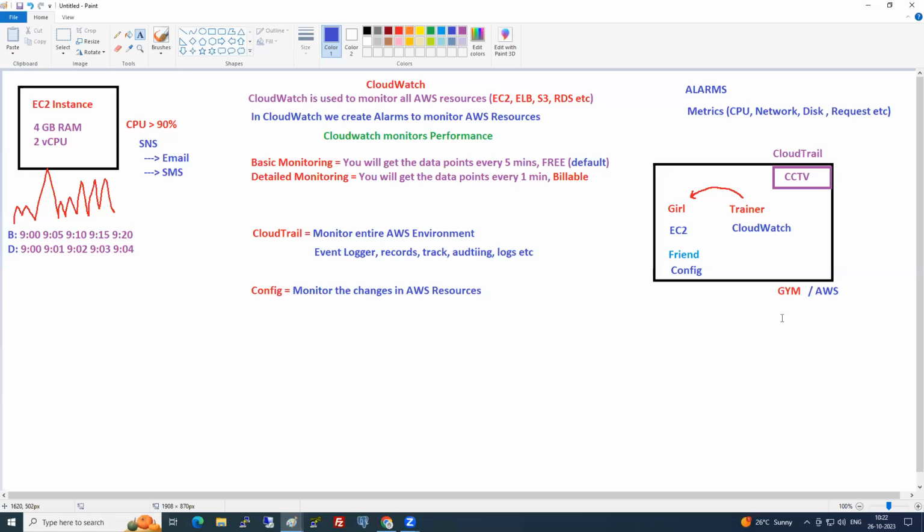See, how much did our biceps grow or not? The changes happening in our body, who will tell? Our friends also will say, yes or no? So our friend is Config here. Now you see the difference? That's the best I can give the difference between CloudTrail, CloudWatch, and Config. Is it clear?